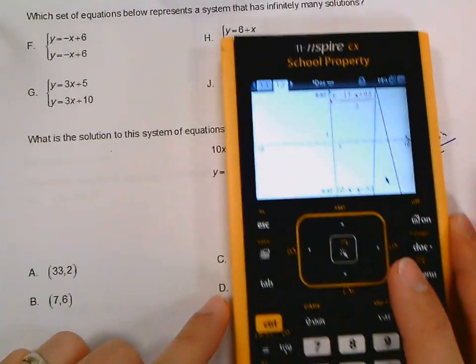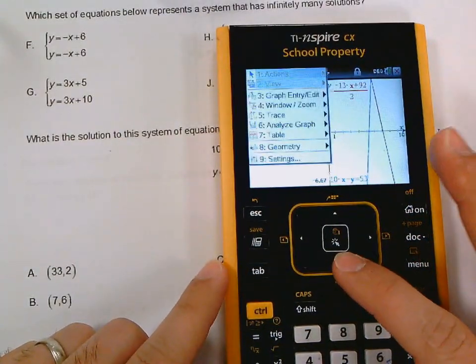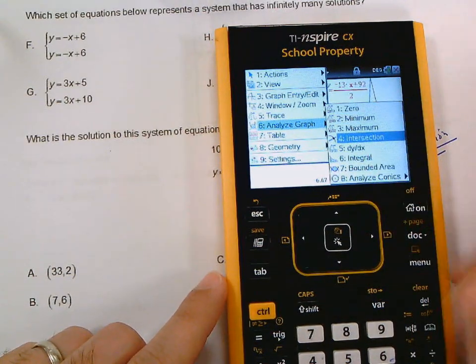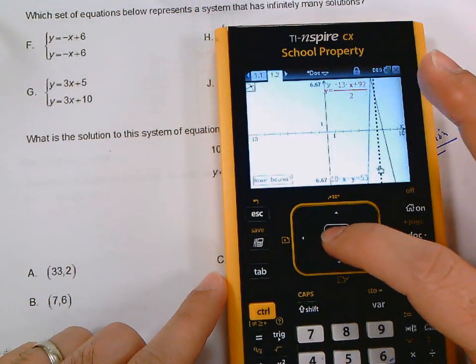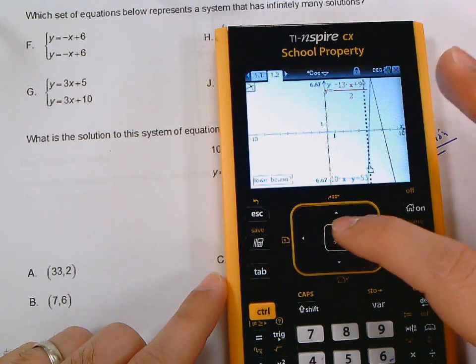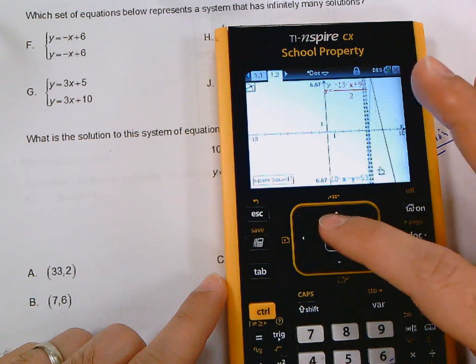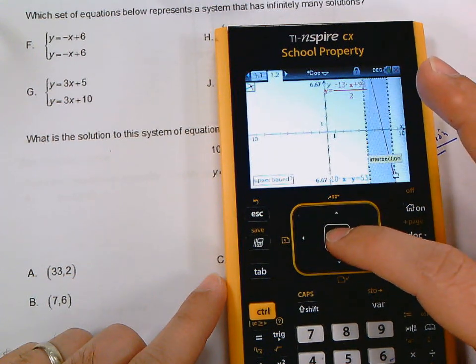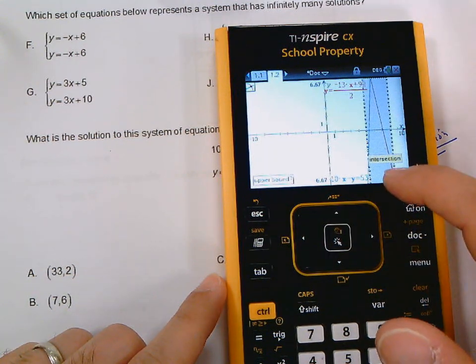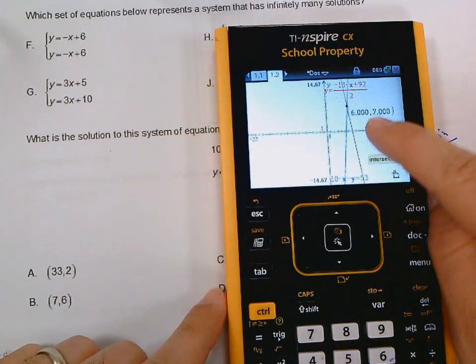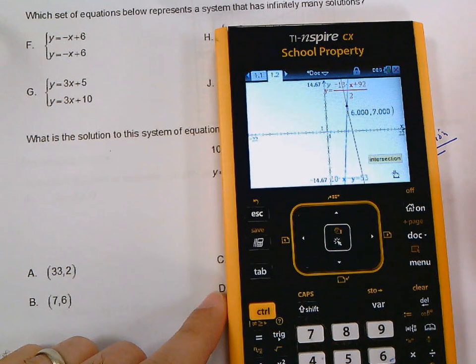So because I'm looking for the intersection, I'm going to hit menu, analyze graph, and I want to find the intersection. I'm going to slide it a little bit, click once, and slide it again to the right. After I see the word intersection, I'm going to click again, and it's going to give me the exact point where they intersect. It's 6, 7.